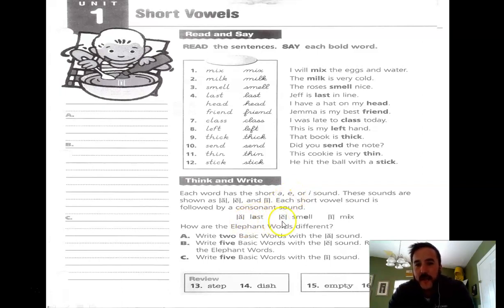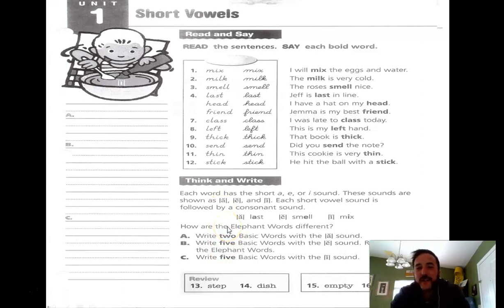That's why it has these symbols. So, take a look at number 1. Mix, milk, smell, last, so on and so forth. Kind of weird sounds I'm making, but that's the short vowel sounds.